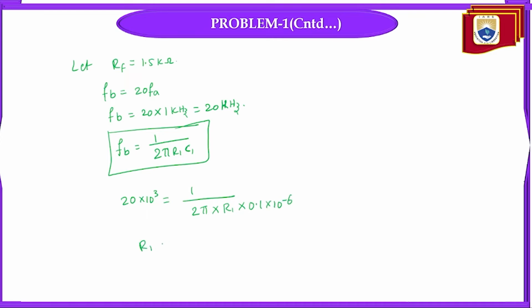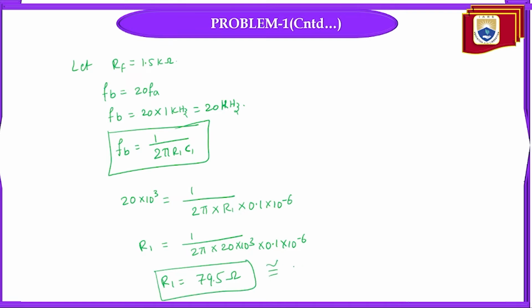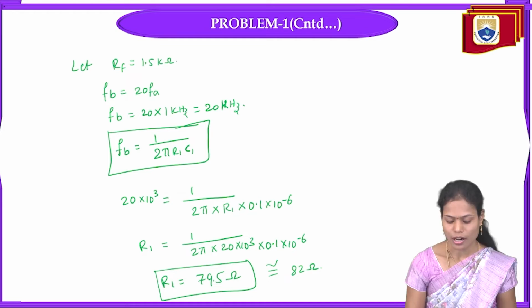So from this I can write R1 equal to 1 by 2 pi into 20 into 10 power 3 into 0.1 into 10 power minus 6. So if we simplify this, we will get it as 79.5 ohms. So I can approximate this particular value as 82 ohms. So we have calculated the R1 value also.